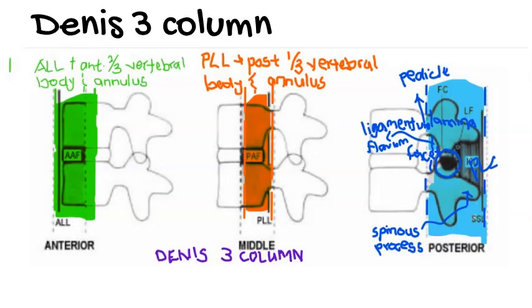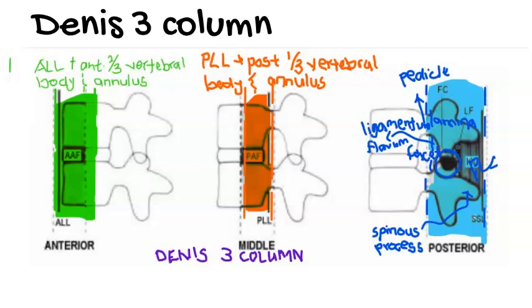Regarding Denis 3 column theory, we start off at the anterior column. It includes the anterior longitudinal ligament and the anterior two-thirds of the vertebral body, including the annulus. That is the anterior column.